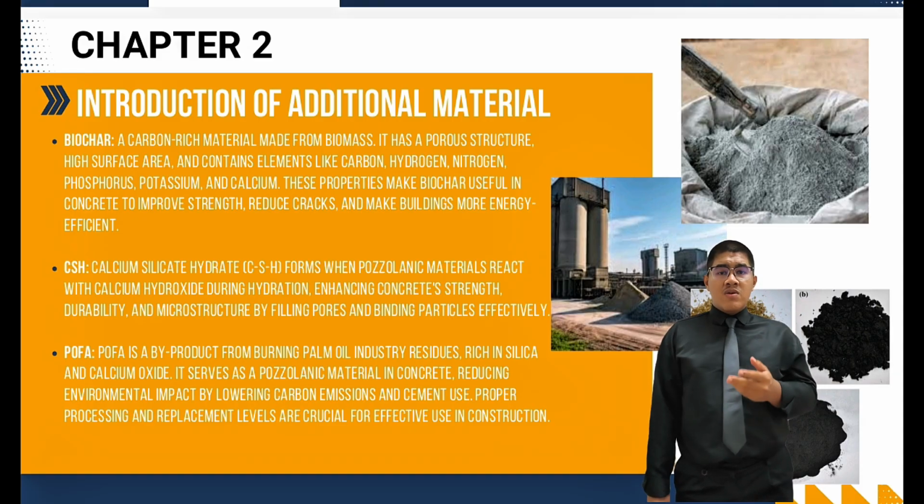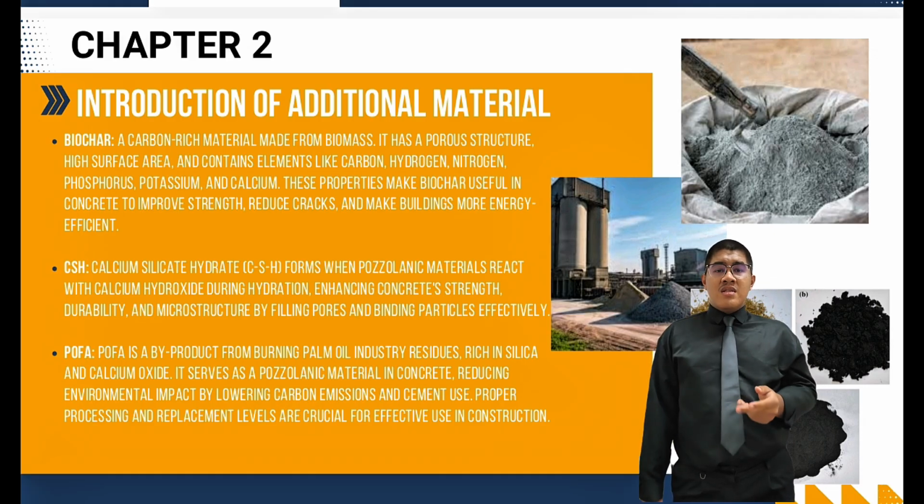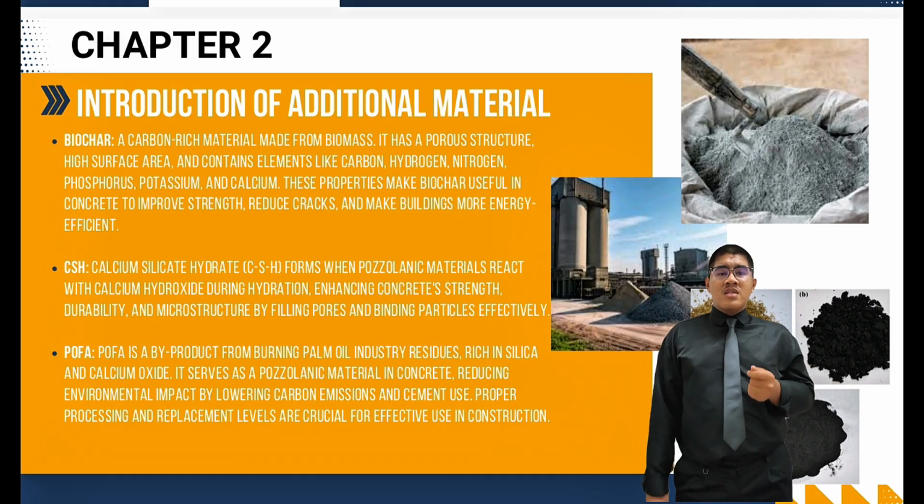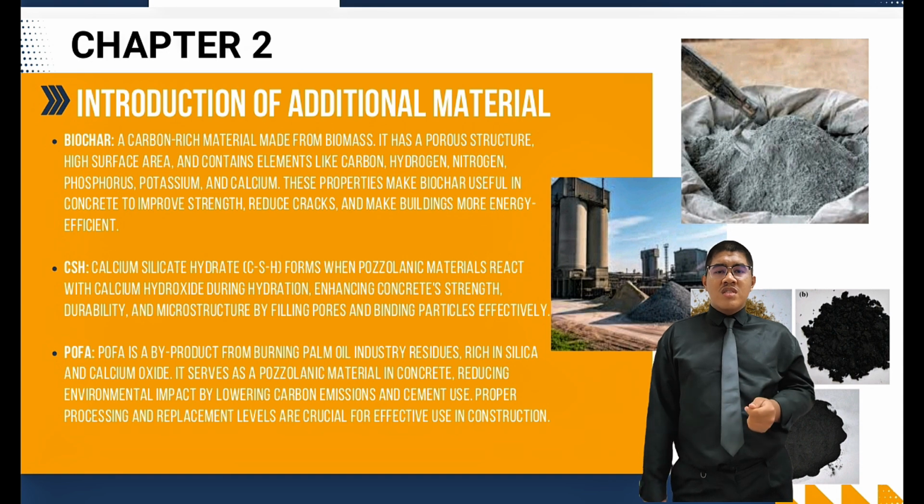For chapter 2, I will explain about introduction and additional material. First, biochar. Biochar is a carbon-rich material made from biomass. It has a porous structure, a high surface area, and contains important elements such as carbon, hydrogen, nitrogen, phosphorus, potassium, and calcium. These properties make biochar useful in concrete as it helps improve strength, reduce cracking, and make buildings more energy efficient.